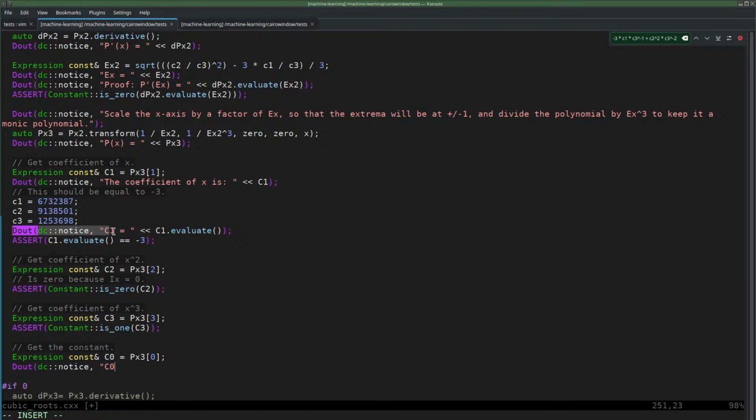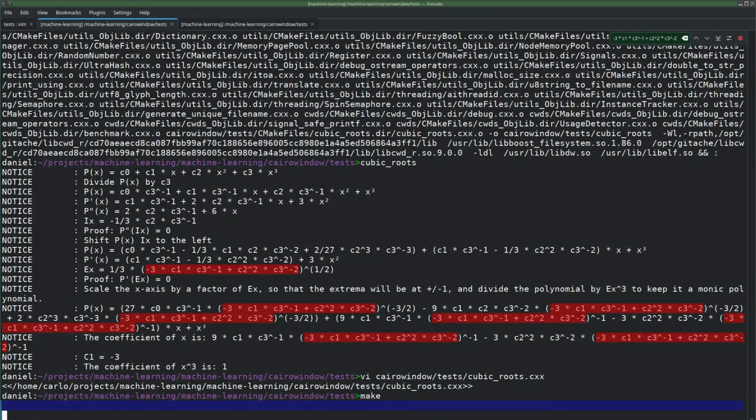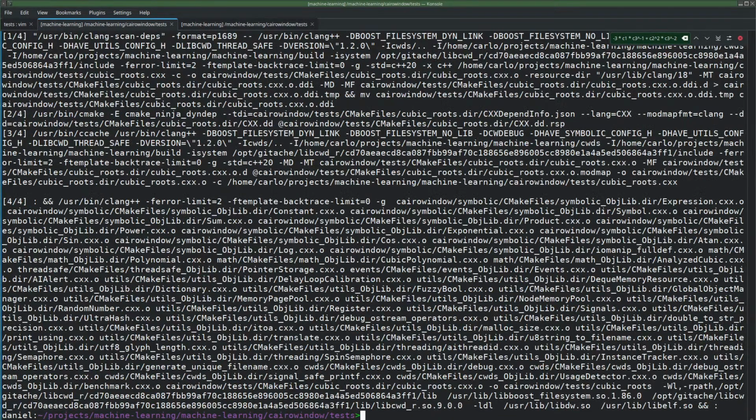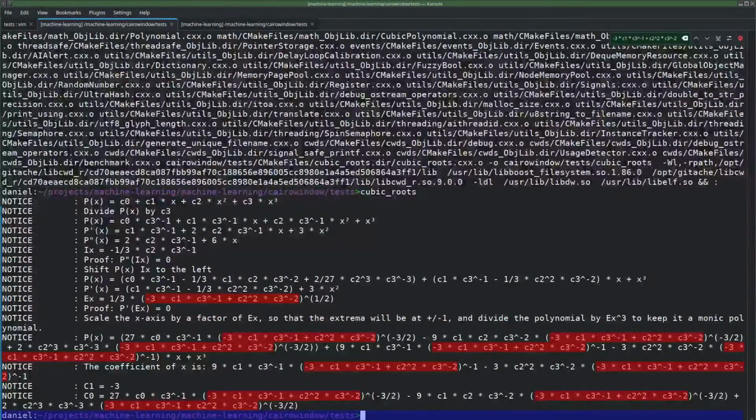C0 equals C0. Yeah, that is again an absolute horror.